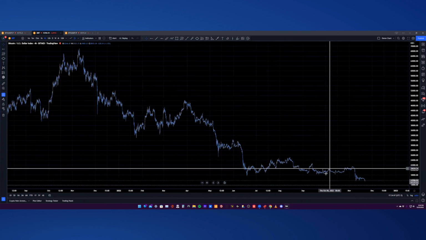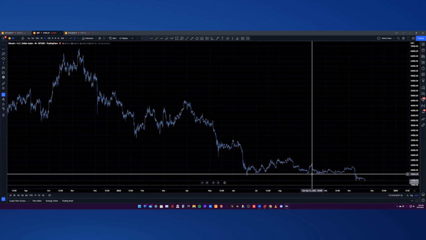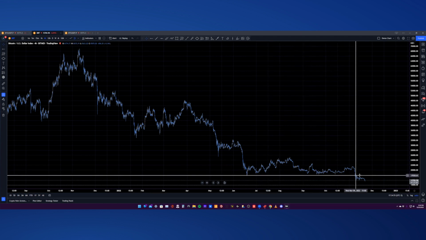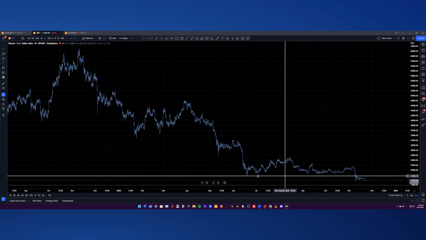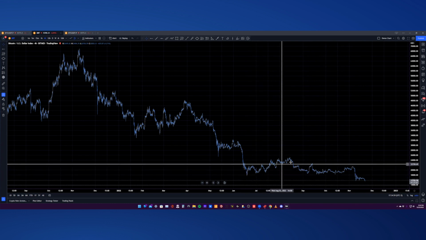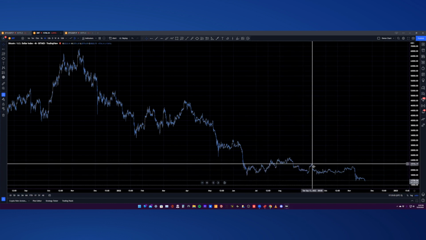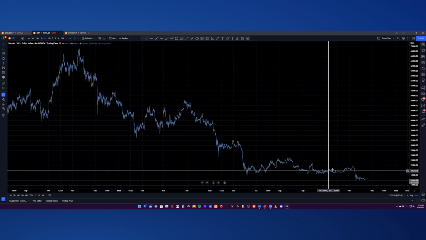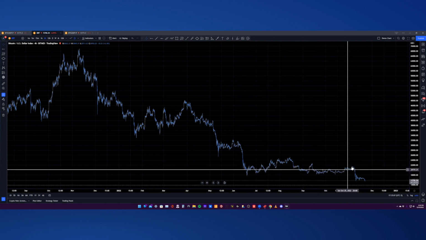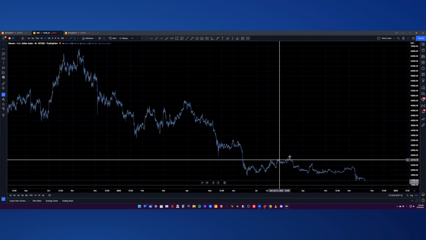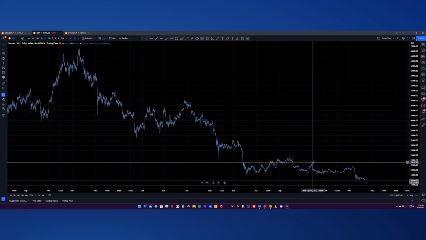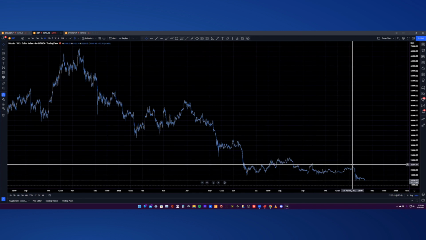So you can see right here, this thing was kind of bouncing off of this area, right? It's coming up and then it's coming down, but it's bouncing and it's looking weaker, right? Bounce, bounce, bounce. It's coming up, but it's still weaker than this one, and now it's lower.